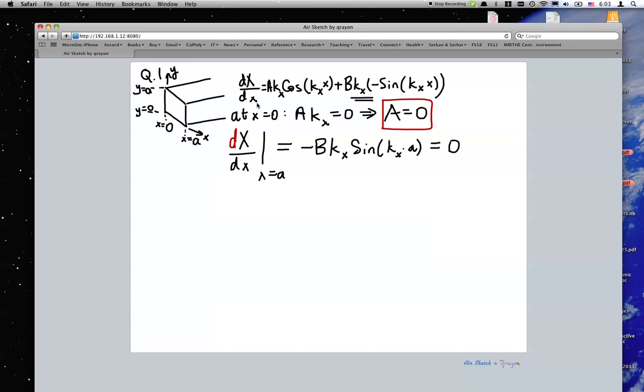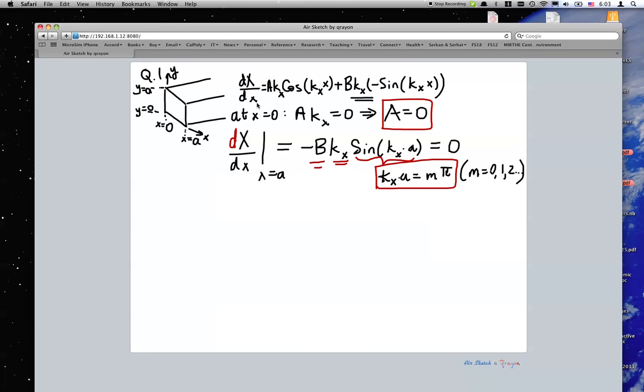So what do we have here? If b is non-zero, and kx is non-zero, that means sine kx times a must be 0. And for that to happen, we need kx times a equal to m pi, where m could be 0, 1, 2, etc. Okay, that's our second important result.